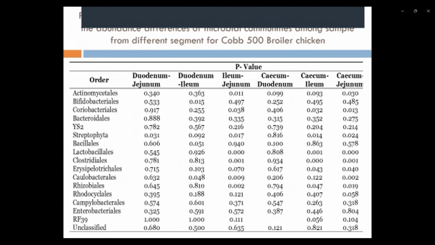This table shows the p-value distribution of 16S rDNA gene sequence libraries comparing the abundance differences of microbial communities among samples from different segments for Cobb 500 broiler chickens.